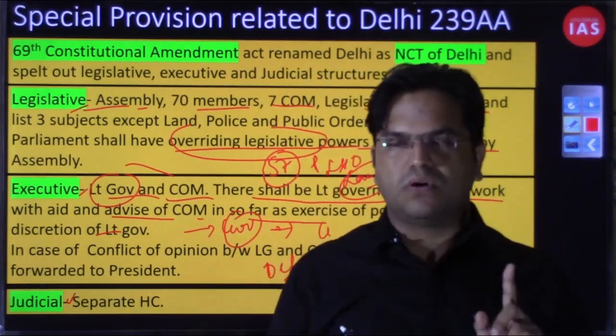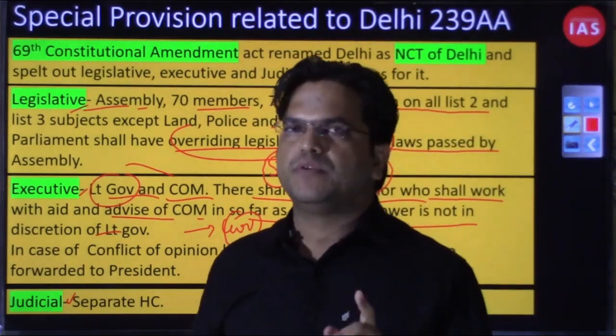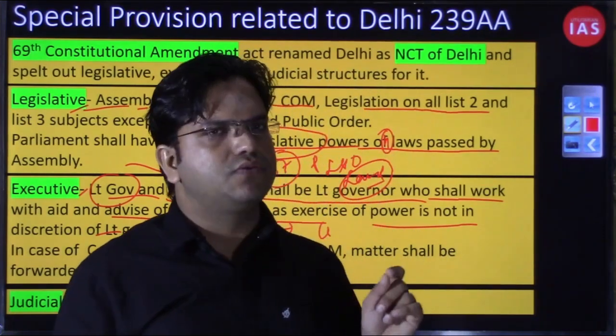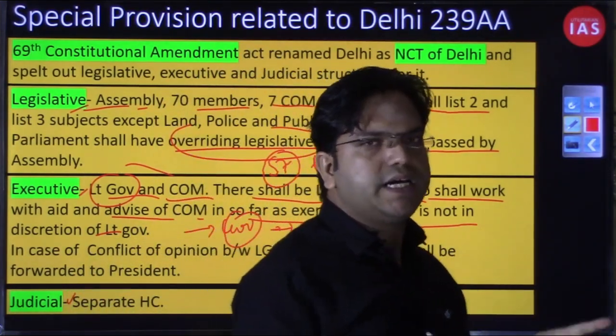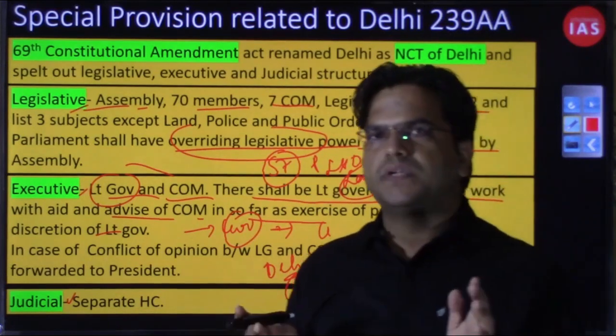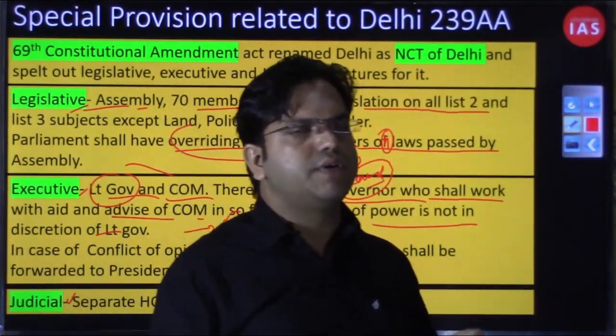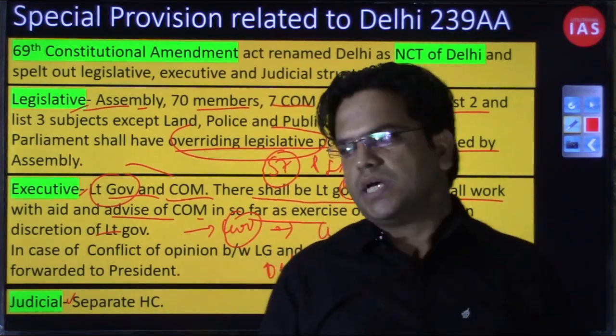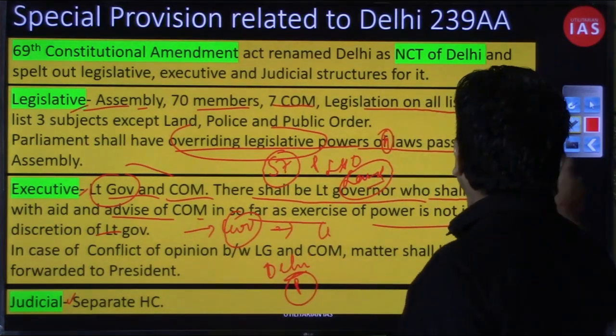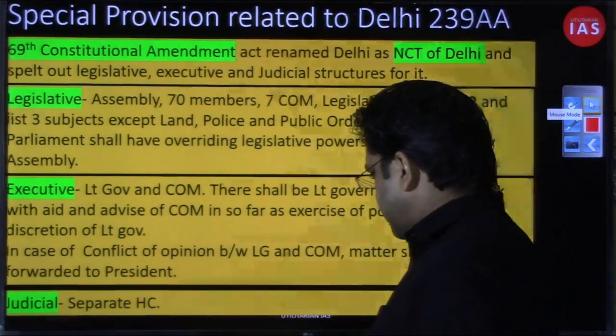I will not read those, although those points are very important from your mains perspective in 2015 and 2016. In the Delhi case, when there was a continuous confrontation between the Council of Ministers of Delhi and the Lieutenant Governor of Delhi, there was a continuous story. Again, you do have slides attached of those stories with the timeline, right.